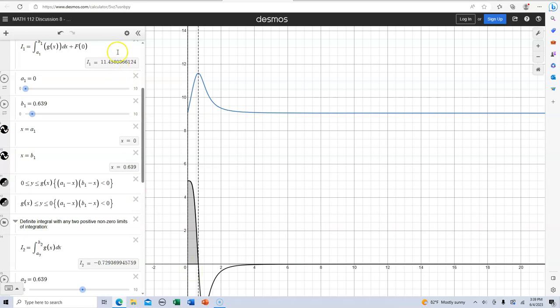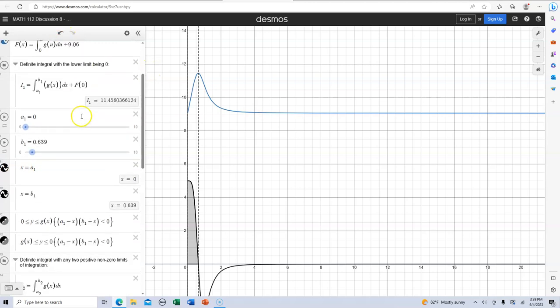And if you look at the value of the integral itself, when I'm integrating this function from 0 to 0.639, and again, that's time, the total area under the curve, or the total volume of clubs sold, is about 11,000. But you have to remember that TaylorMade, I think he's a TaylorMade guy, started out with about 9,000 already sold.